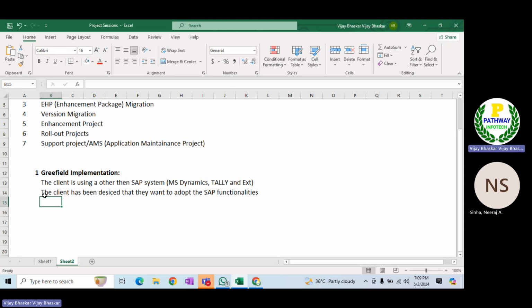Because the Oracle software may be a specialist in finance, but it may not support sales and distribution, material management, or human resource. If they want to go with Oracle Finance, what about the other modules, the other departments?